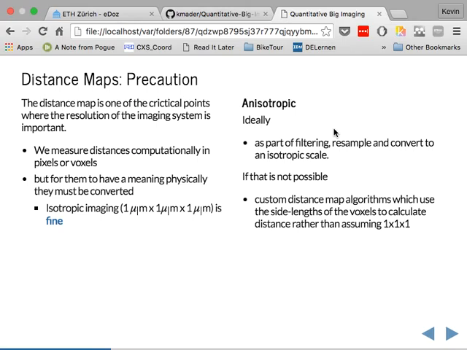So this is really important to keep in mind when you're working with data sets like that, because a lot of them are anisotropic, and the tools will rarely tell you that you're doing something meaningless. You can run distance maps on any image data you have, and it will rarely say that this doesn't make sense or that you're doing something wrong.